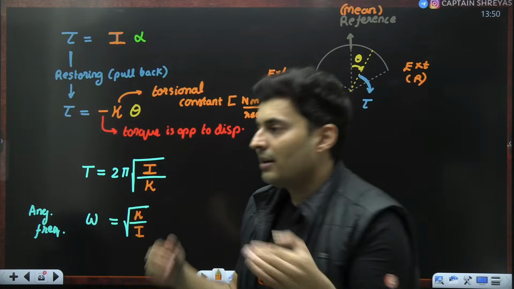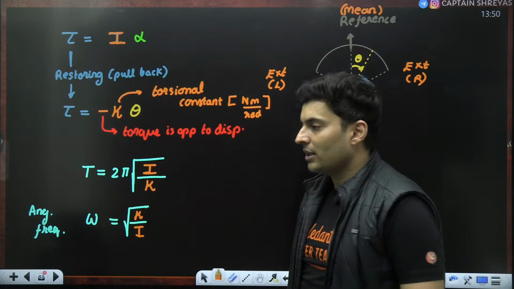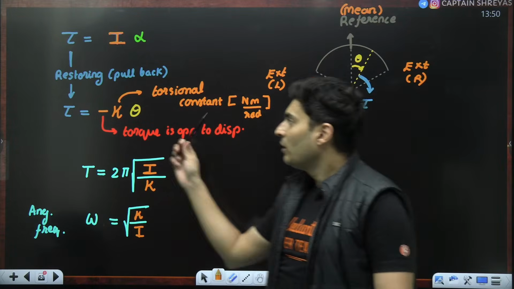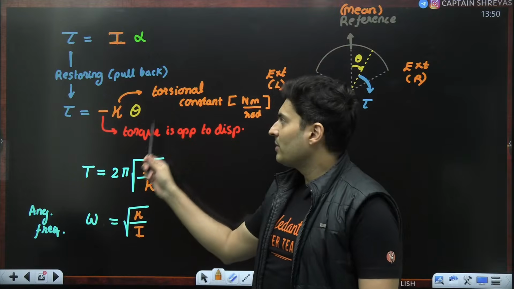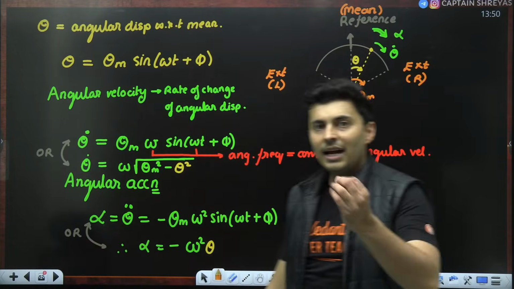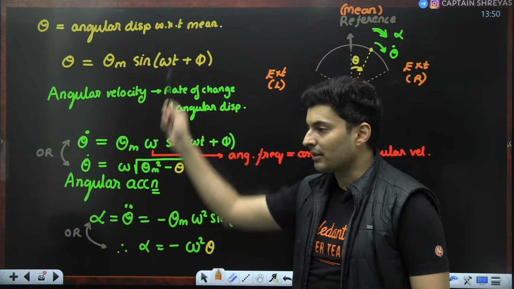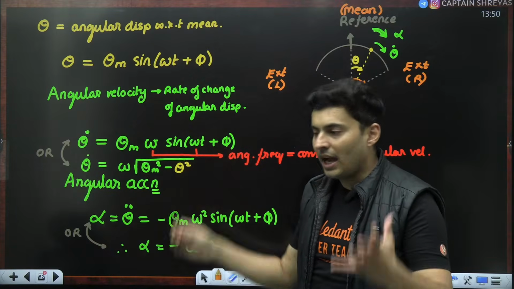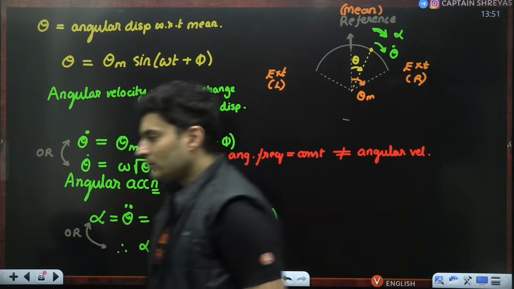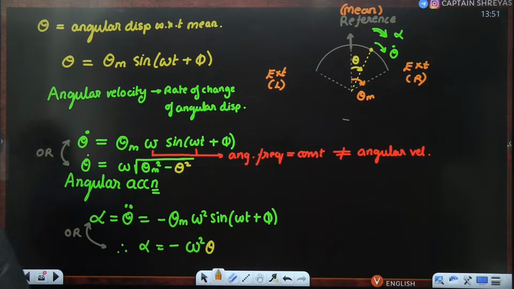It's just that mass is converted into moment of inertia, spring constant into torsional constant, force into torque, displacement into theta, velocity into angular velocity, acceleration into angular acceleration. So if you know linear SHM, angular SHM is a very easy thing. Is this clear? Everybody till this point?